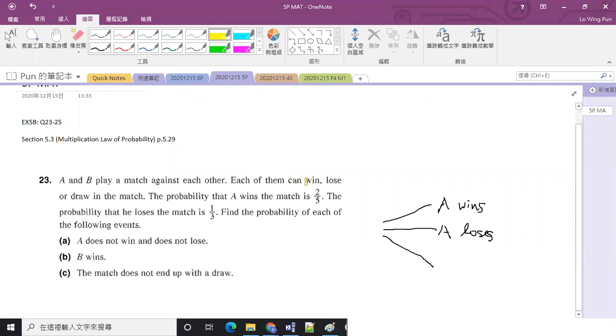Each of them can win, lose, or draw in the match. What is meant by draw?